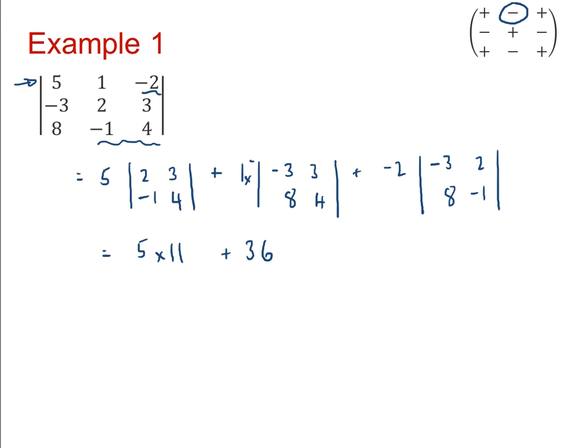And then finally we've got negative 2 multiplied by the determinant, which is 3 minus 16, so negative 13. And if you add all of those together, you get 117. So the determinant is equal to 117.